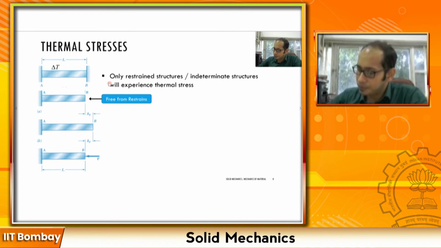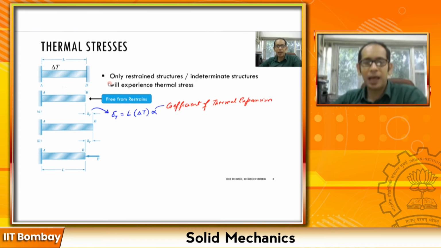So this delta T is simply going to be L times delta T times alpha, or L alpha delta T. Remember, this alpha is my coefficient of thermal expansion. You guys know this. So I have let the bar expand with L alpha delta T, where L is the original length.